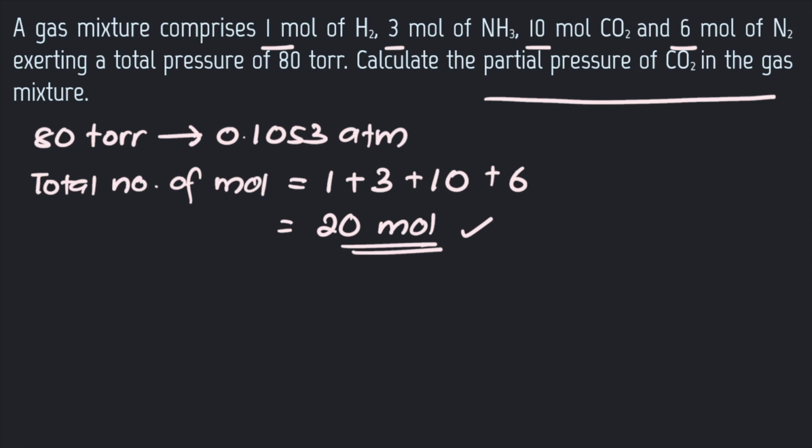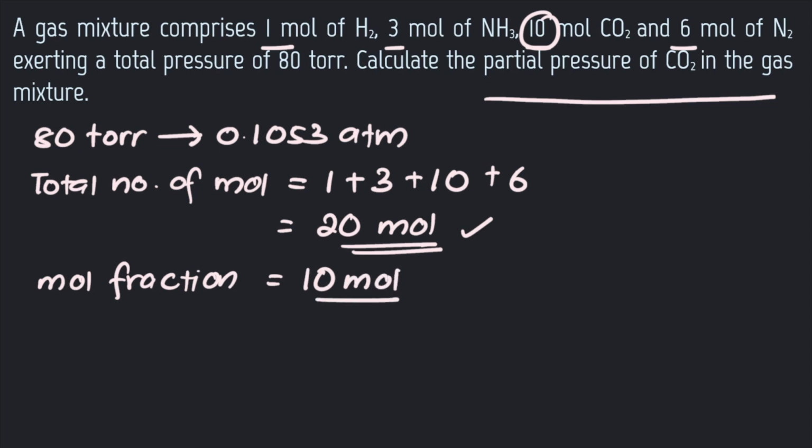So the mole fraction is equivalent to the number of moles of carbon dioxide itself, which is 10 moles, divided by the total number of moles, which is 20 moles. So you will get the mole fraction of carbon dioxide is equivalent to 0.5.